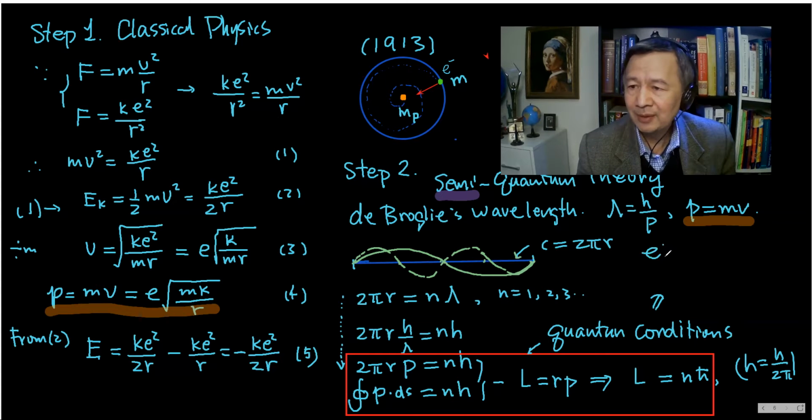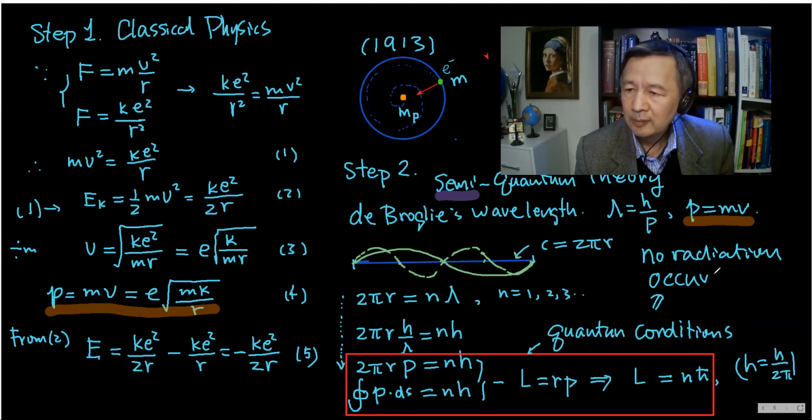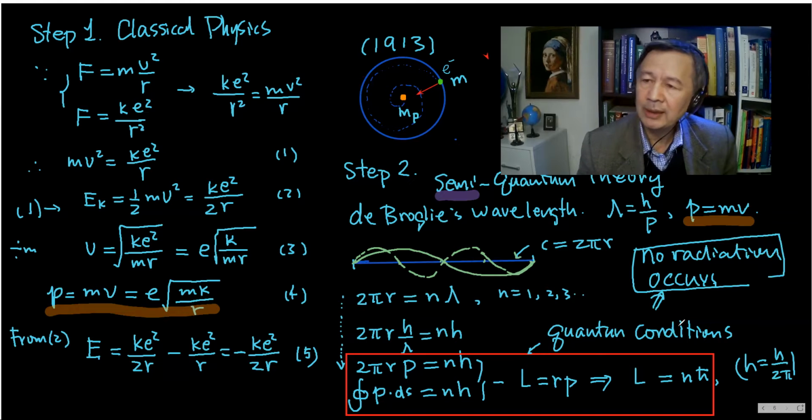So although the hydrogen electron has acceleration, there is no electromagnetic radiation, no radiation occurs inside the atom.